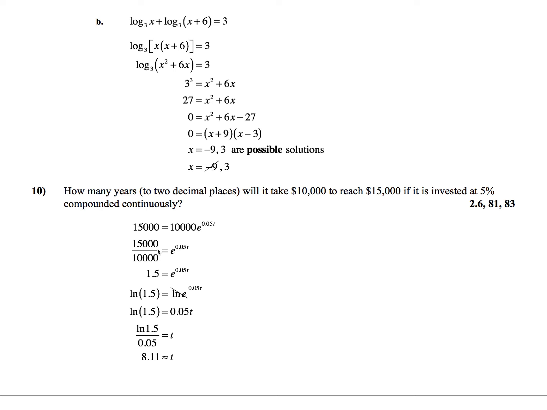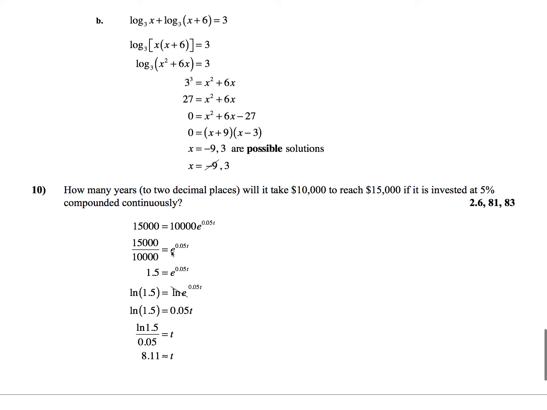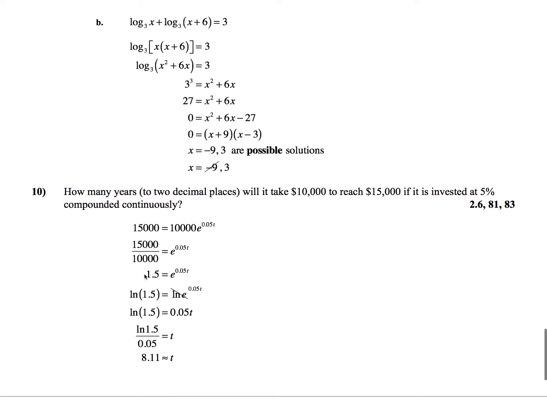So we divide both sides of this equation by 10,000 to uncover that base e. 15,000 divided by 10,000 is 1.5. It's very convenient. Then I take the natural logarithm of both sides of this equation. The natural logarithm of 1.5 is, I don't know, but it's some number, so just think of it that way.